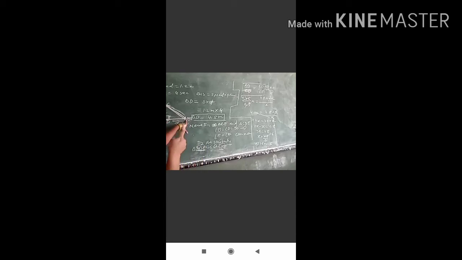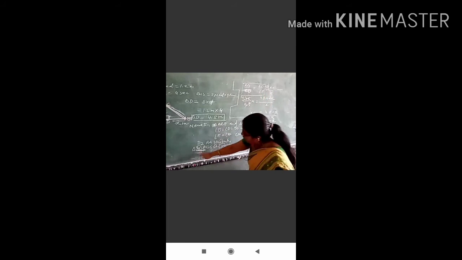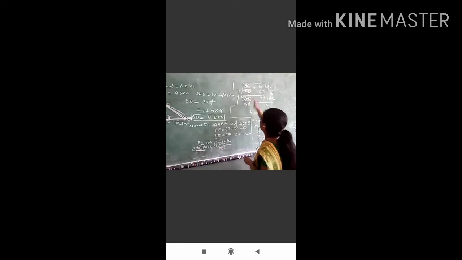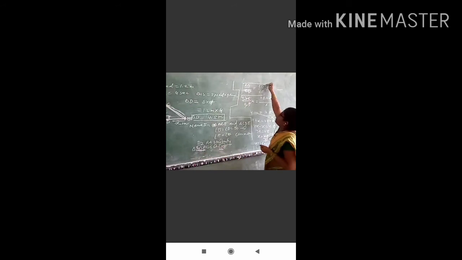Then you have to write corresponding parts of similar triangles, which means sides come in the ratio. Here is the proper way to write the ratio: AB upon CD, BE upon DE, and AE upon CE. But we have only these two, so after calculation we easily get the shadow as 1.6 meters.